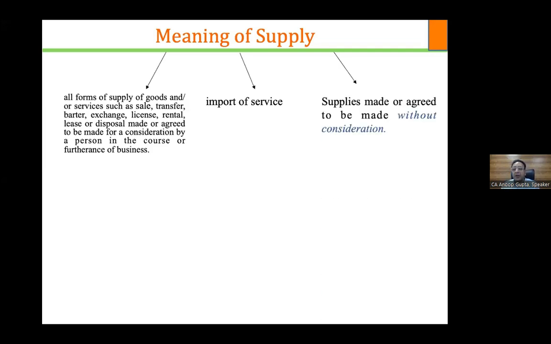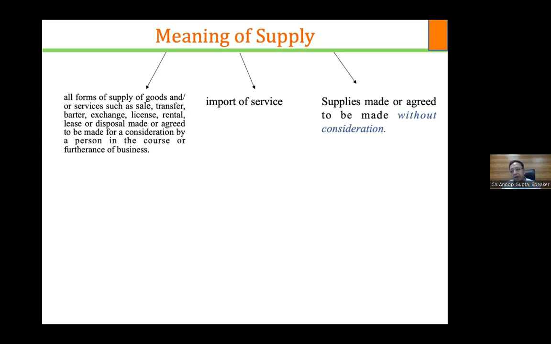And there are some cases specified in Schedule 1 of the GST Act where they are saying that even if the supply is made or agreed to be made without any consideration, then also it is to be treated as supply and GST is to be applied on those supplies. What kind of supplies are those? In Schedule 1, we have given, like if there is a supply between related persons, or a supply between branches.